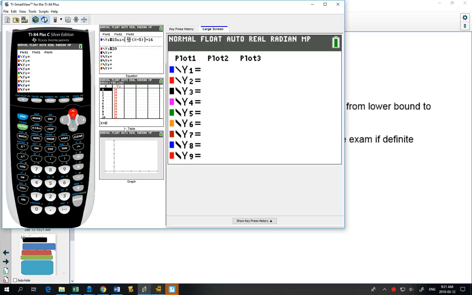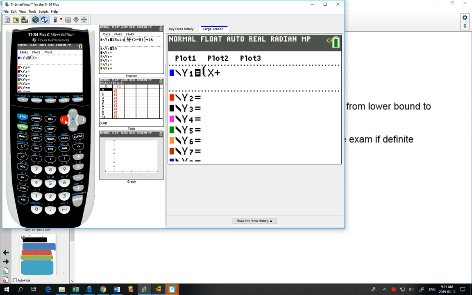And we are going to type in x plus 1 over x, all squared.